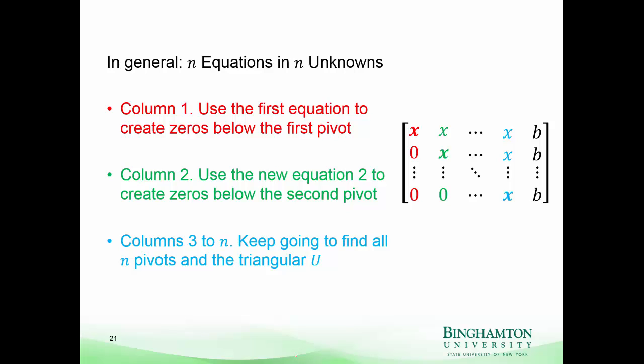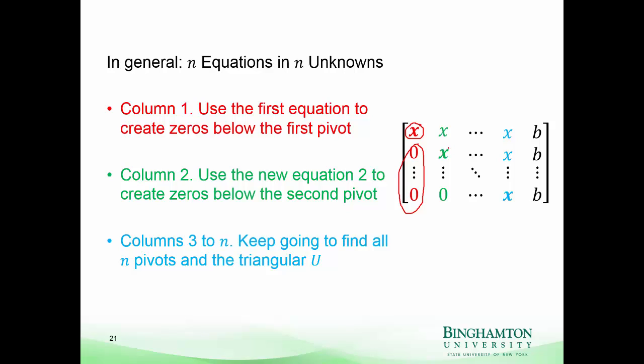So in general, we've got n equations in n unknowns. And so basically we're going to use the number that's here. So I'm using x's here not as x, but as some unknown thing. I suppose I should have used something else there, but I'm going to have some number there, and I'll use that to cancel all of these, every single number below that.